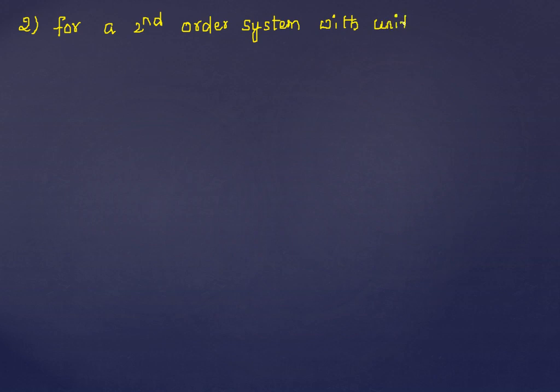For example, the question is: for a second order system with unity feedback, G of S is given as 200 by S into S plus 8. Then find the various frequency domain specifications.